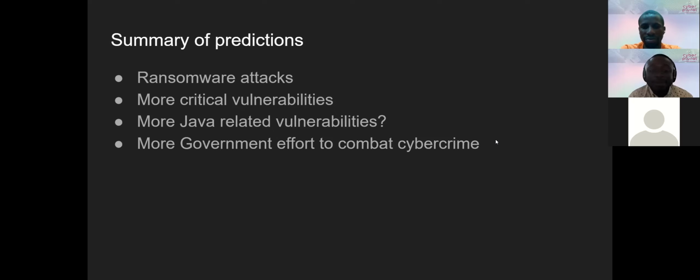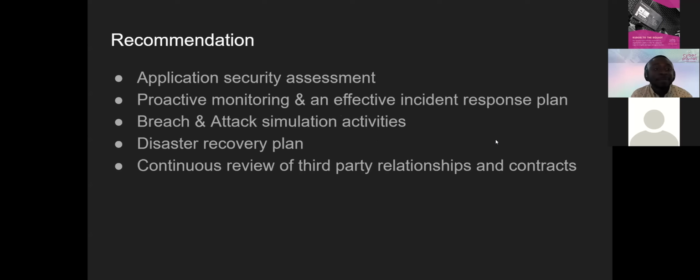And we expect more government effort to combat cybercrime, as we have seen in the case of Hydra, and also in Nigeria as well. There's a lot of collaboration between the officials, especially EFCC and the FBI. So we expect those types of collaborations to keep increasing.